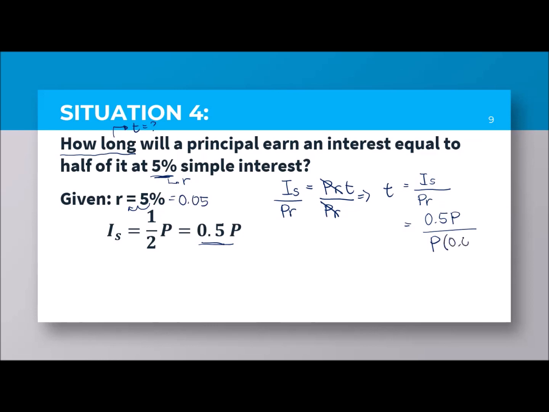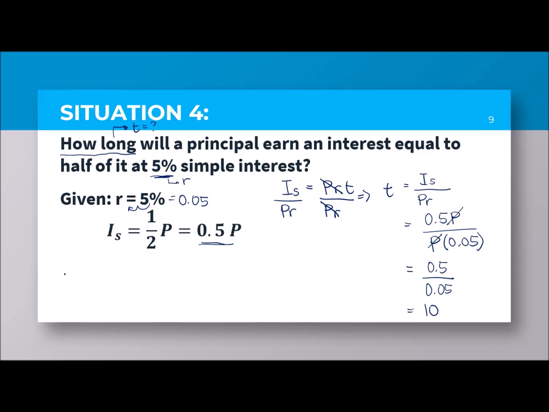So, 0.05. So, as you can notice, makakancel na natin si P. So, we're just going to divide 0.5 by 0.05. So, get your calculators again and then divide it. So, the answer here is 10. So, as simple as that.